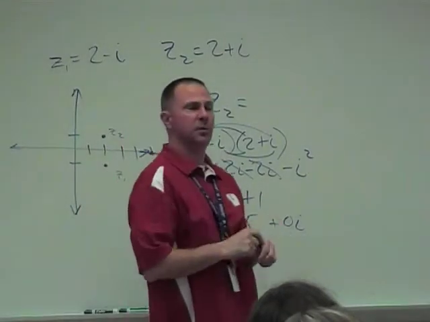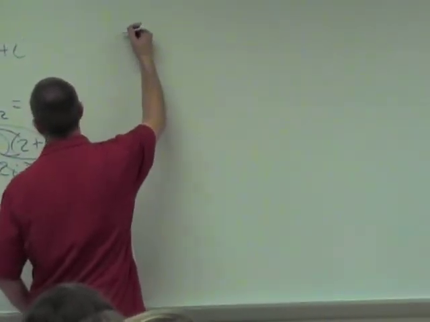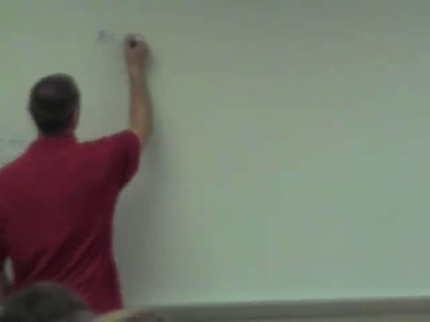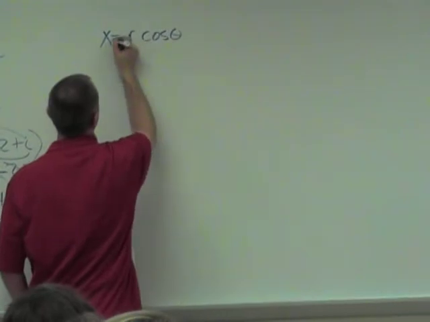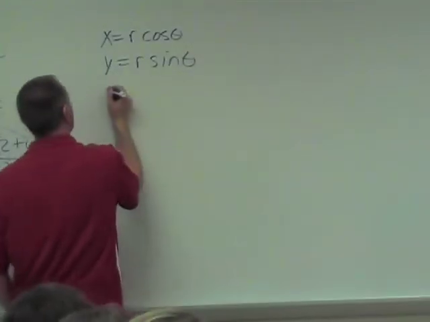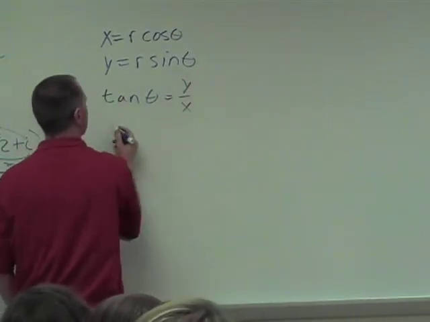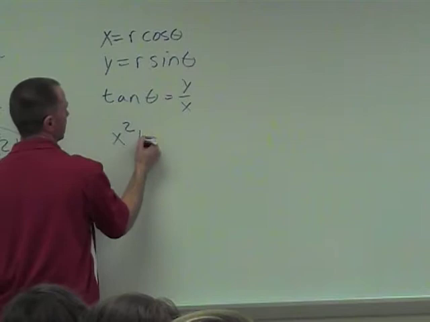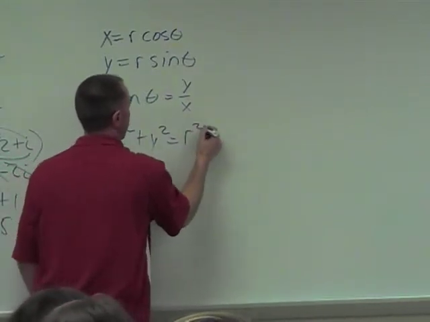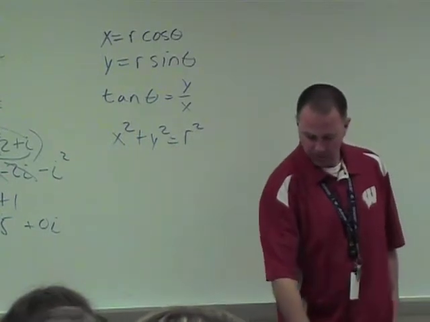What are the 4 things you're supposed to know that you learned on your reference sheet? Good. y equals? What else? Good. x squared plus y squared equals r squared. Excellent. Good job. That's pretty cool.